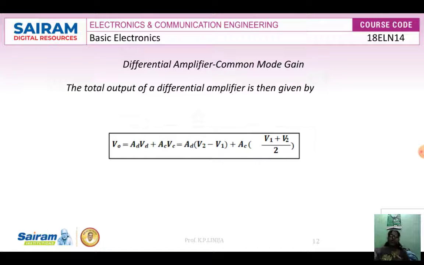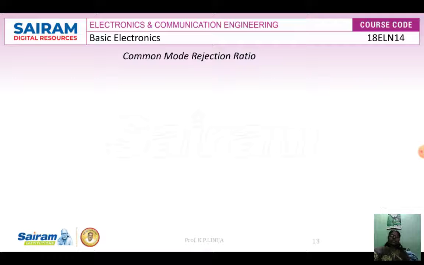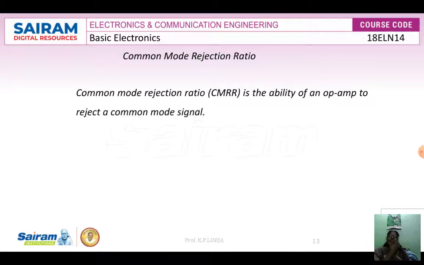Followed by this, the next we will discuss is the common mode rejection ratio. Basically, it is the ability of an op amp to reject a common mode signal. The common mode rejection ratio, that is CMRR, is defined as the ratio of differential gain AD to common mode gain AC.